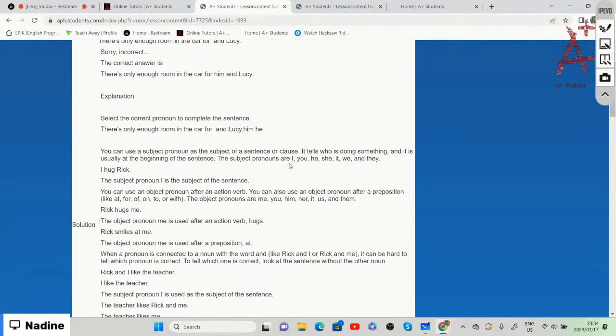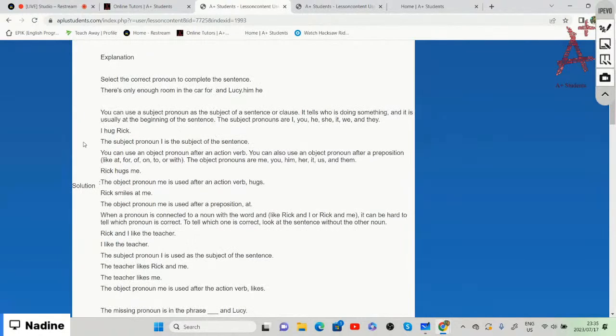And remember, we said that a subject tells us who is doing something, and it is usually at the beginning of a sentence, right? And your subject pronouns are I, you, he, she, it, we, and they. Once again, it tells us who is doing something, and it usually comes at the beginning of a sentence, right?